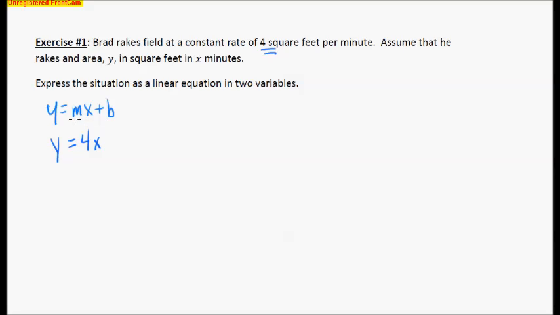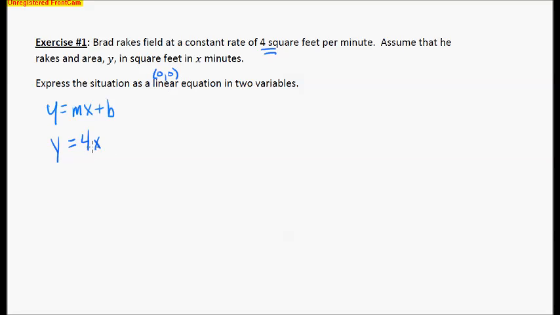These two variables describe how many square feet he gets done in x minutes. If he works 0 minutes, then he would have 0 work done. So one of the points that works for this equation is the point (0, 0).